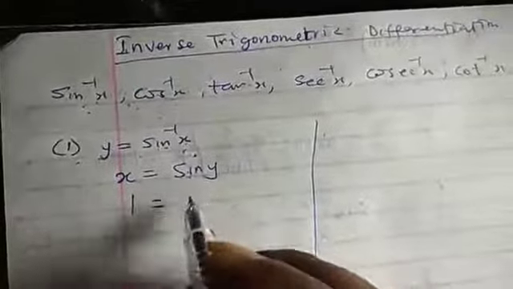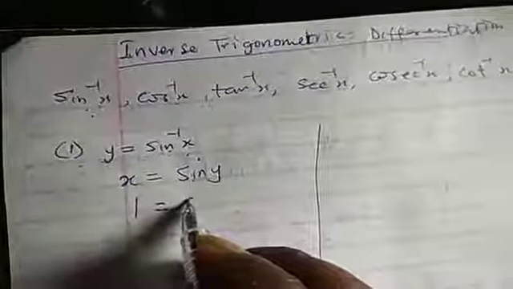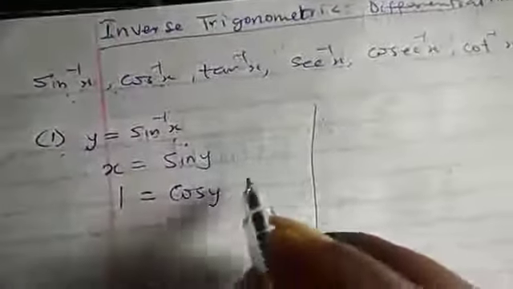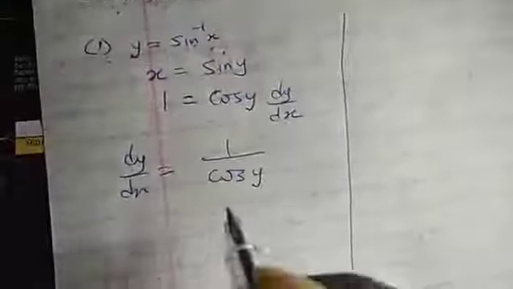The next thing now is that I'm going to differentiate both sides. This has led to implicit differentiation. If I differentiate this, I will have 1 equal to, if I differentiate sin y, I will have cos y, then I'll put dy dx. If I make dy dx the subject, dy dx is 1 over cos y.